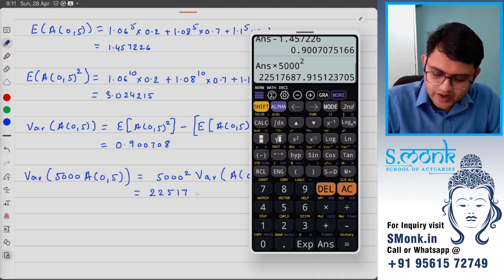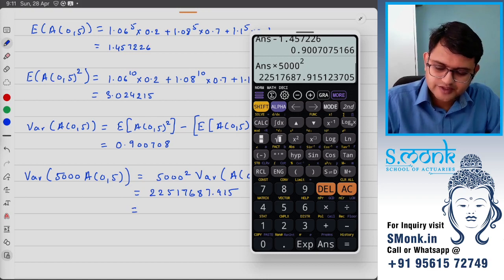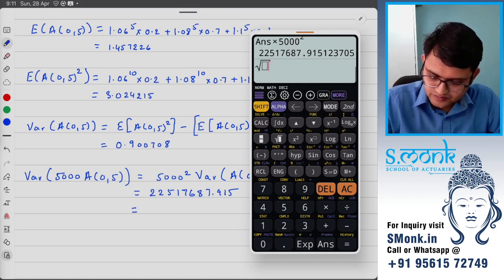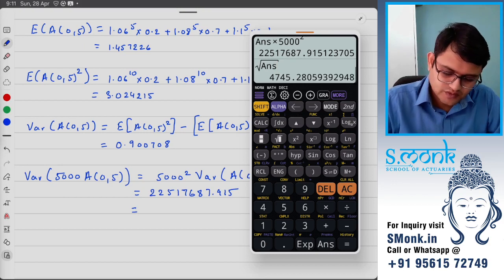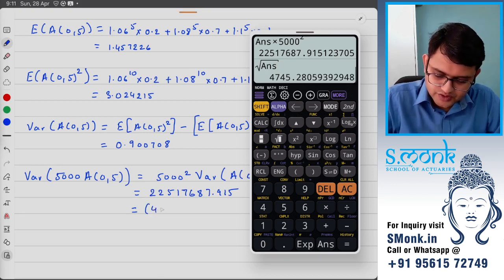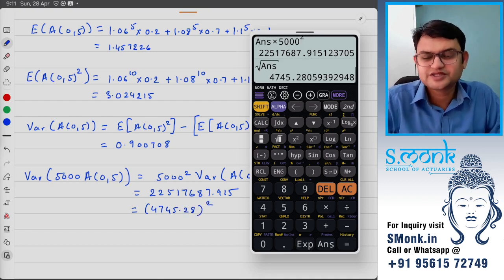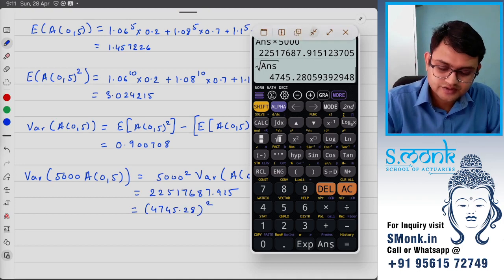Always, if you are representing the variance, instead of writing this whole number, you can represent it as a square of the value. So you'll take root, and I'll say that is 4745.28 square. So you are representing the standard deviation square.